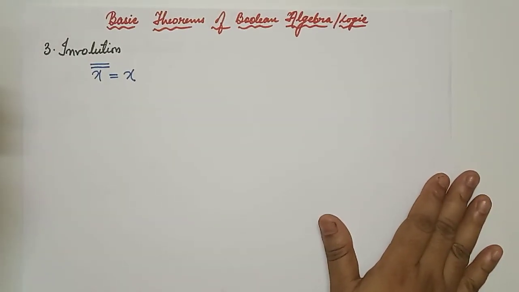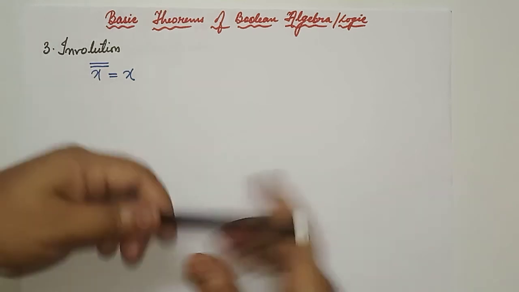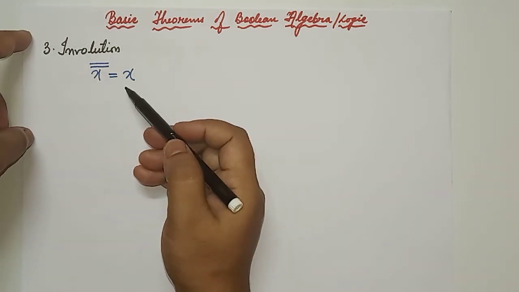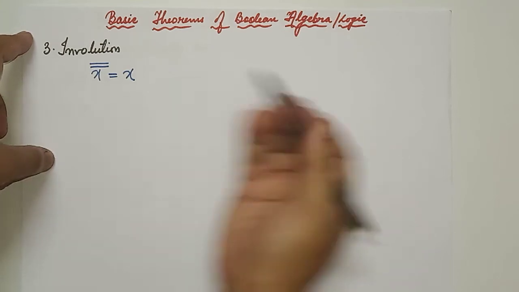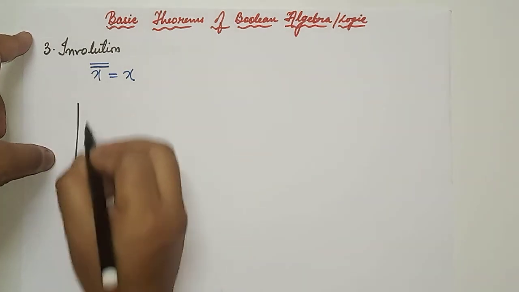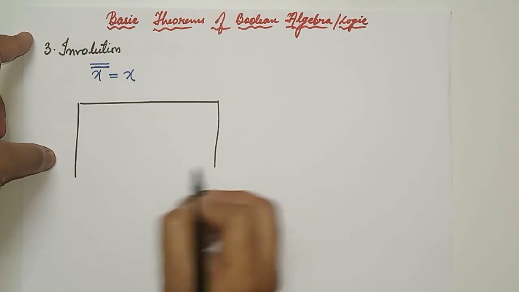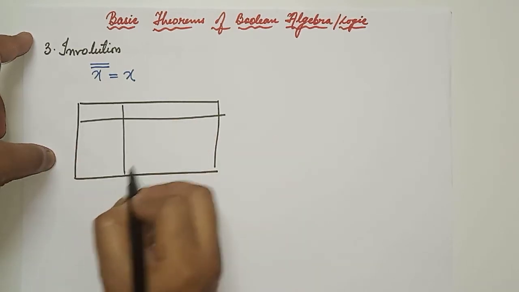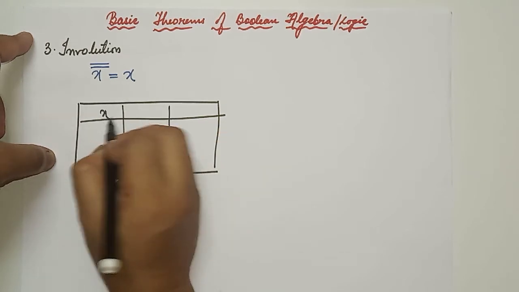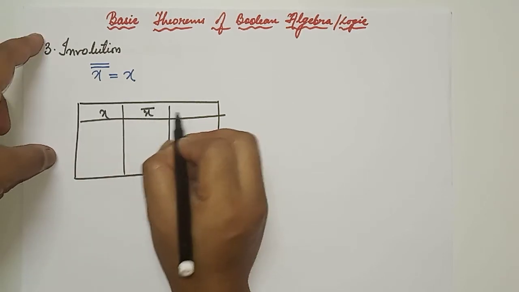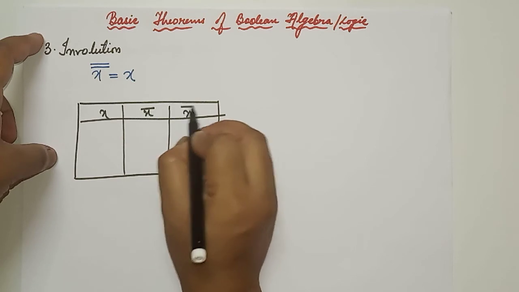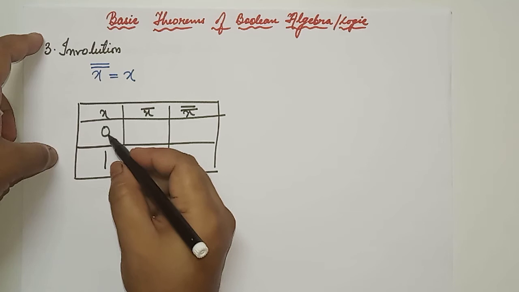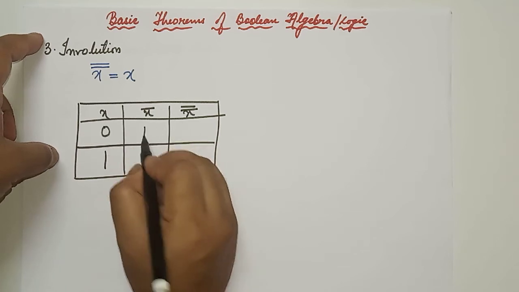Next is involution. This theorem states that the complement of a complement variable will give the original variable. What does it mean? To understand this one, let's take a truth table. X, x complement, x double complement. x will have two values 0 and 1. If you do the complement, you will get 1 and 0.